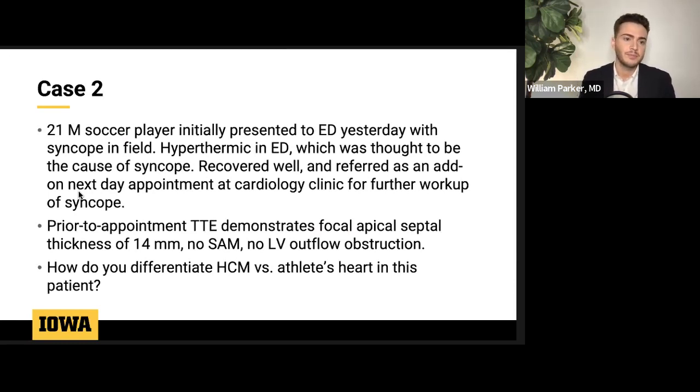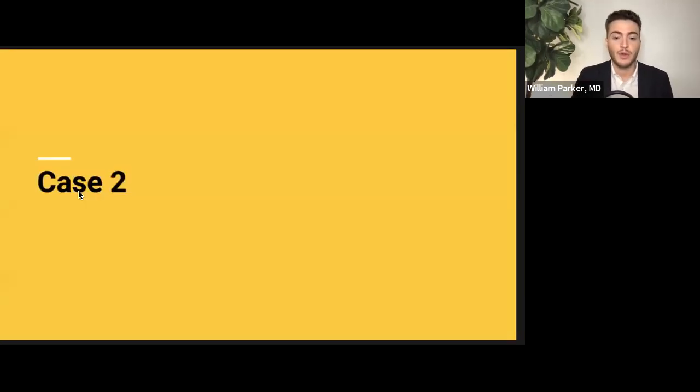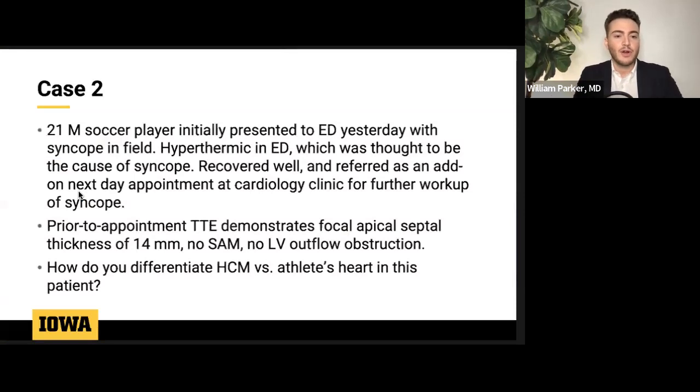Prior to the appointment, right before, he got a transthoracic echo, and this demonstrated some focal apical septal thickness of 14 millimeters, no systolic anterior motion, no LV outflow tract obstruction. So the question becomes, how do you differentiate the pathology that is hypertrophic cardiomyopathy from an athlete's heart?